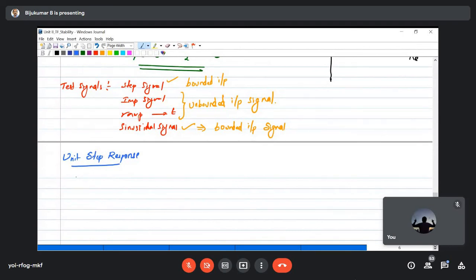I have the system transfer function Y(s)/U(s) = 1/(s² + 5s + 6). So how will you find the step response?